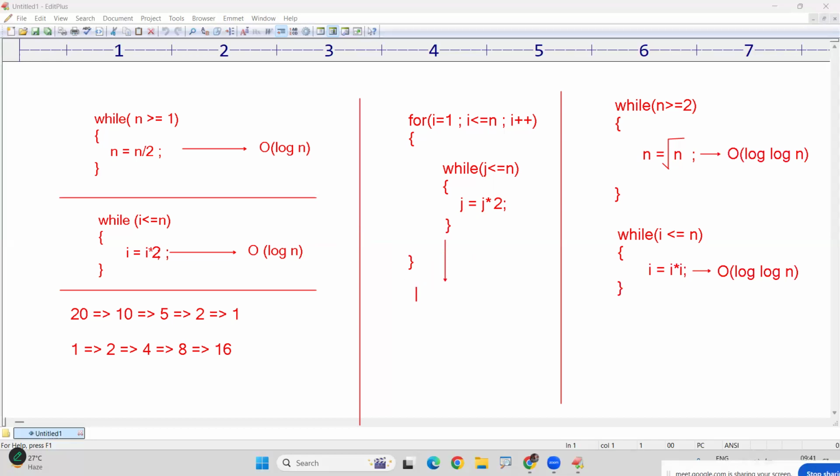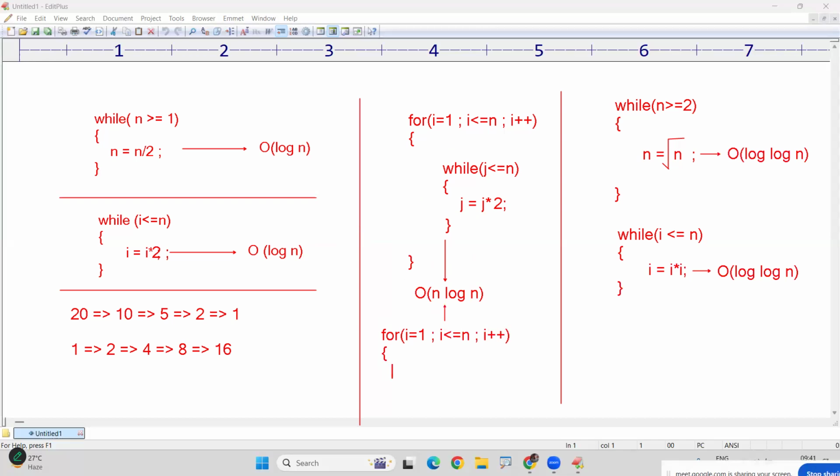Here, the outer loop is n times and the inner loop is log n times. The same code we are writing like this: for i equals 1, i less than or equal to n, i plus plus.